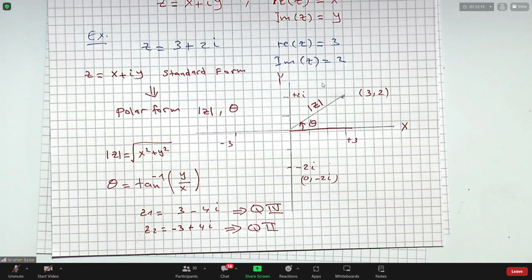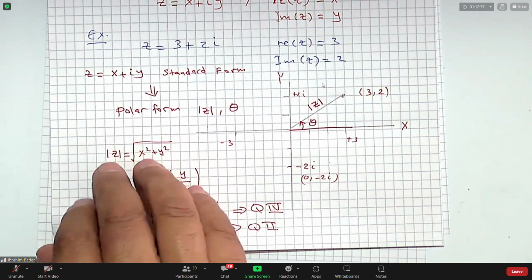Let me check it. Anyway, it's not here yet. I think it's called exponential, because e is always raised to some power. But for now, it's exponential. It's just e to the power i theta.